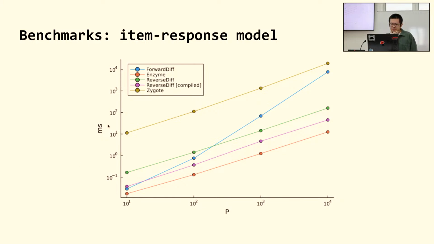As you can see, Enzyme is very efficient in this case, and the second most efficient one is actually ReverseDiff with a compiled tape. ForwardDiff works great in low dimensions but scales poorly when dimensionality gets high.